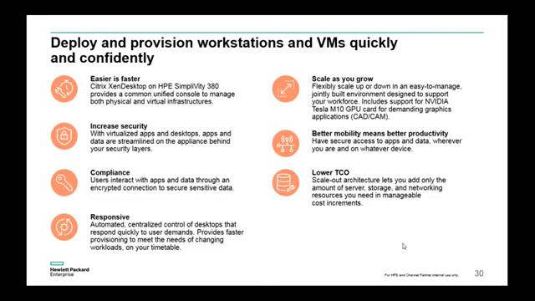So low TCO: scale out architecture lets you add only the amount of server, storage and networking resources you need in manageable cost increments. Because this is the scale out approach, whenever more resources are required, it means bringing more nodes of HPE SimpliVity to add to the existing cluster.